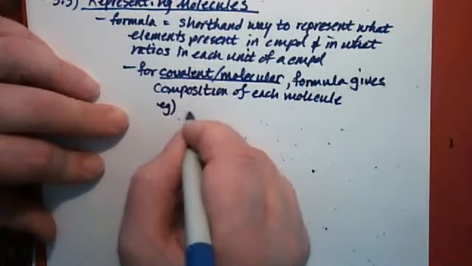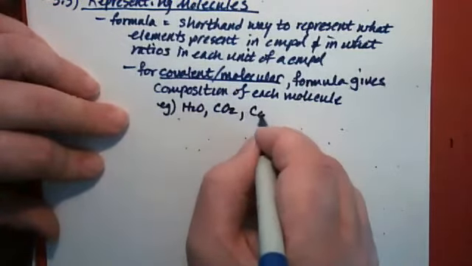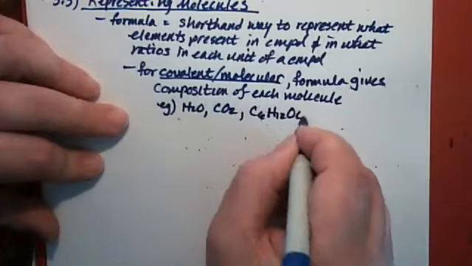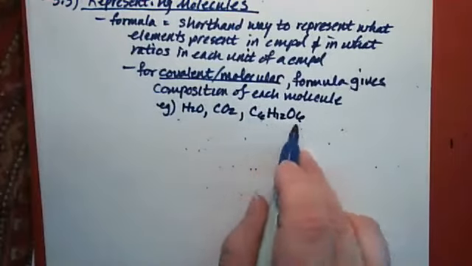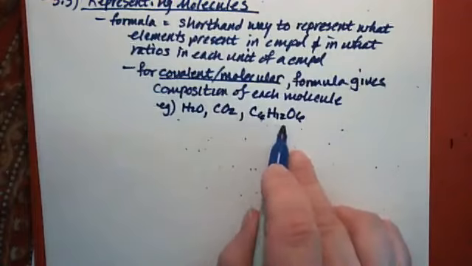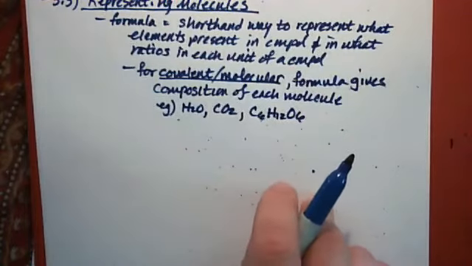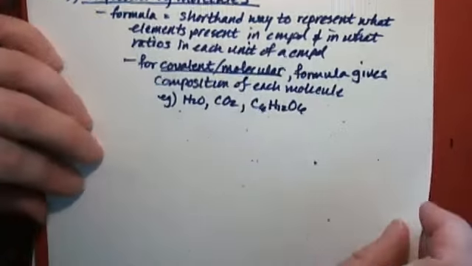So H2O, CO2, some big molecules like glucose. Each molecule of glucose has in it 6 carbon atoms, 12 hydrogen atoms, and 6 oxygen atoms.